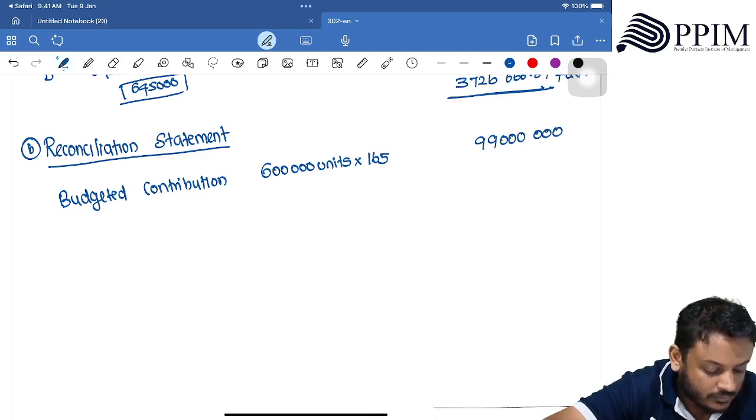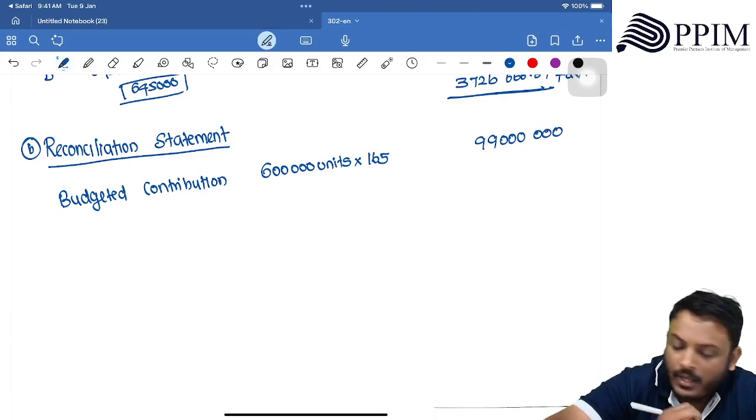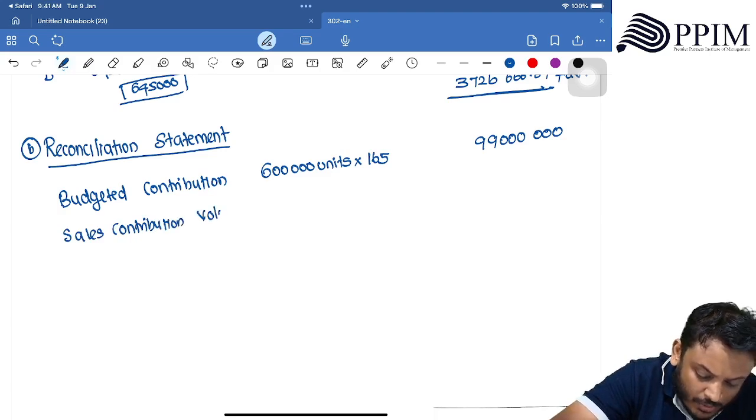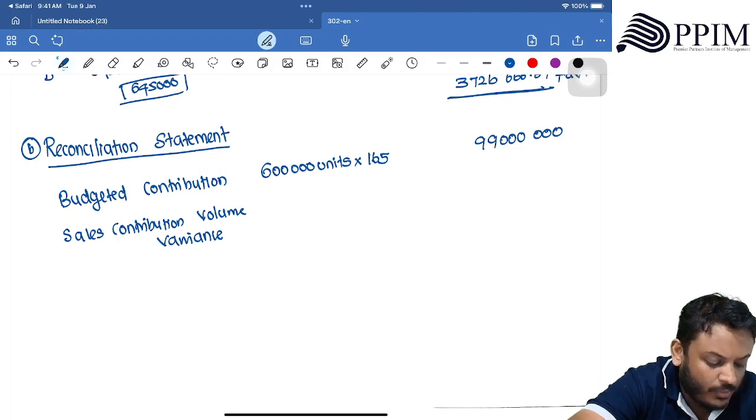So this is budgeted contribution. Then sales contribution volume variance.